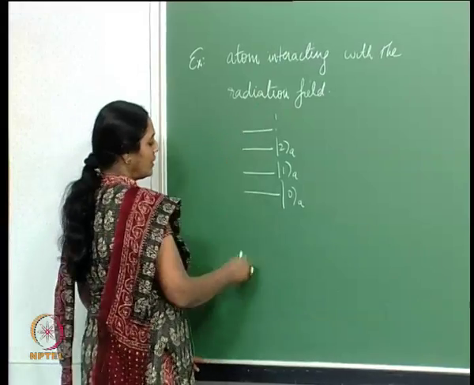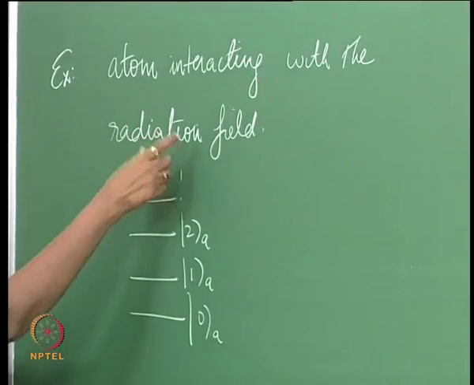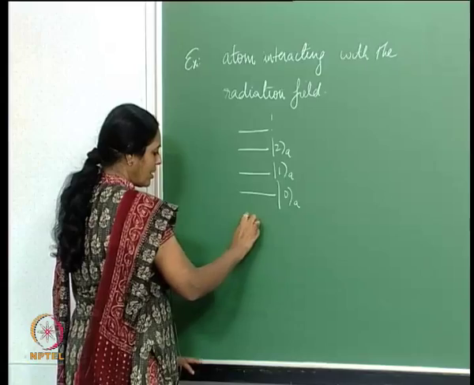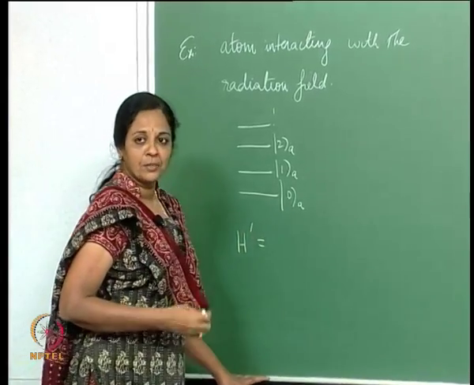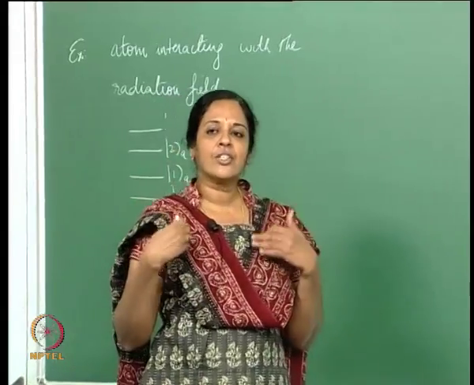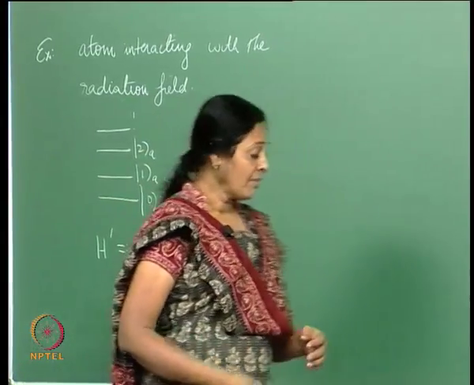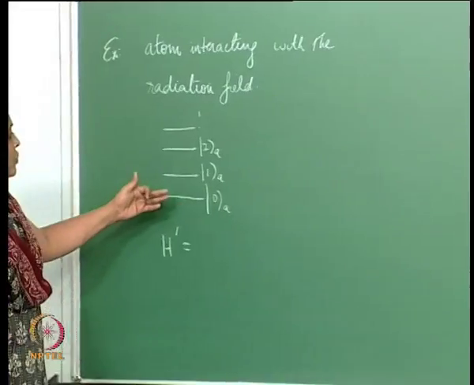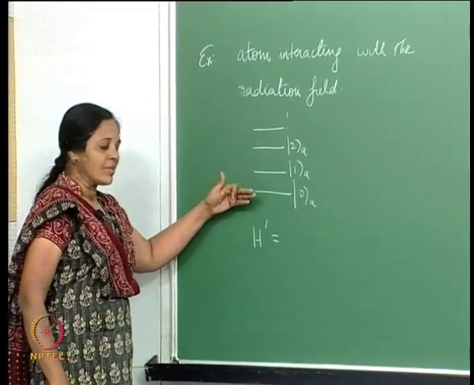Now, normally in a situation where the atom interacts with the radiation field, a very popular perturbing Hamiltonian. The perturbation is because the radiation field is affecting the atom and is going to provide atomic transitions.